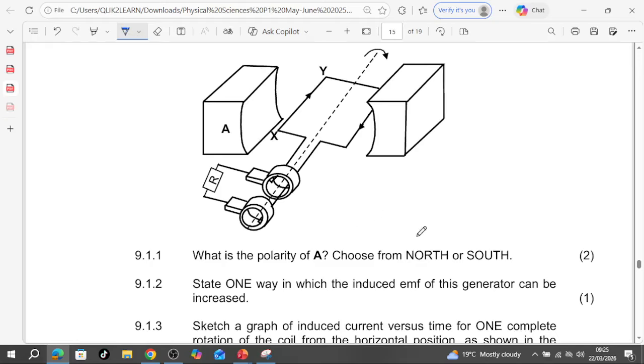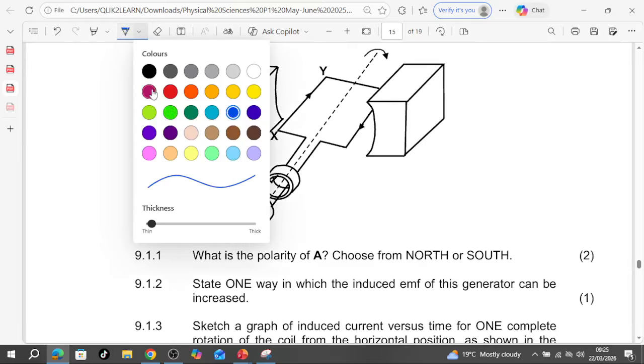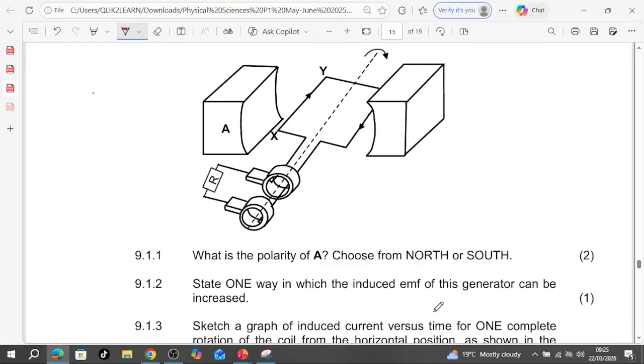I know someone is going to do guesswork. Please sit in the lesson and you'll be able to understand this. Unfortunately, this has to do with the right hand rule. I'm not sure how we can apply the right hand rule while I don't have a camera on, so that I can show you this beautiful hand, the hand that is holding the pen we are using to make magic.